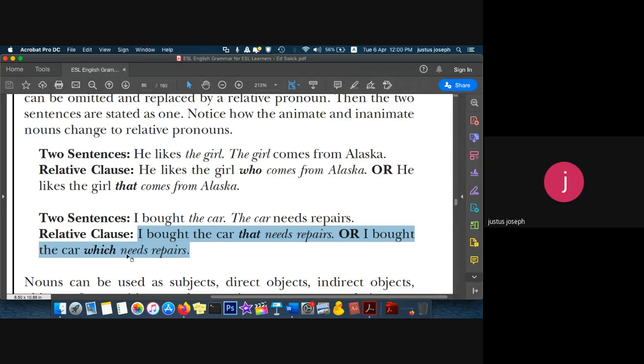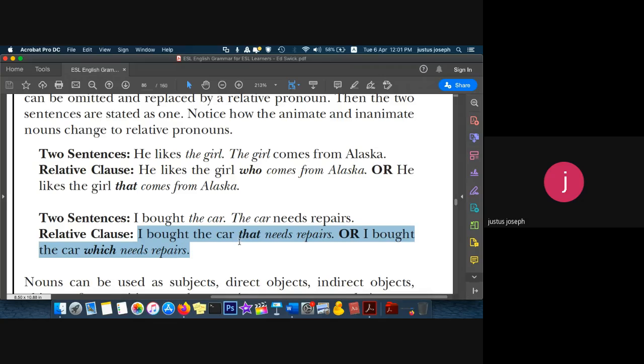Can anyone answer which car would need more repair? First sentence. Repeat once again. First sentence. Yes.